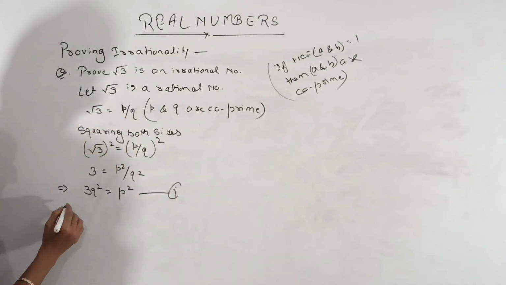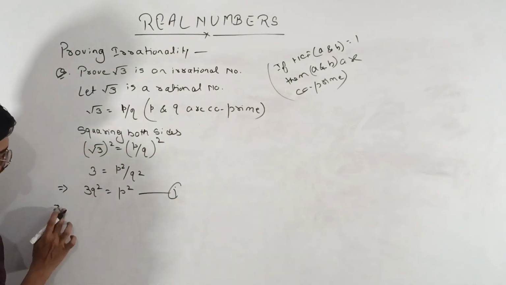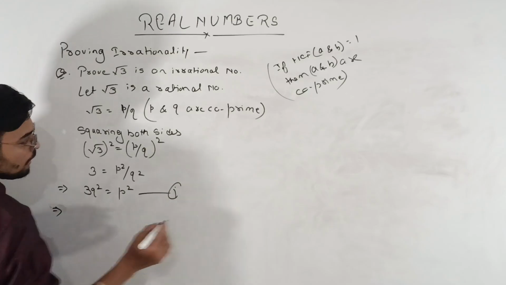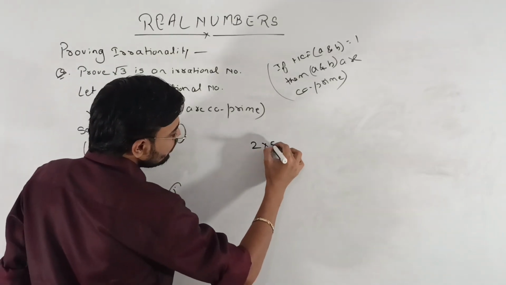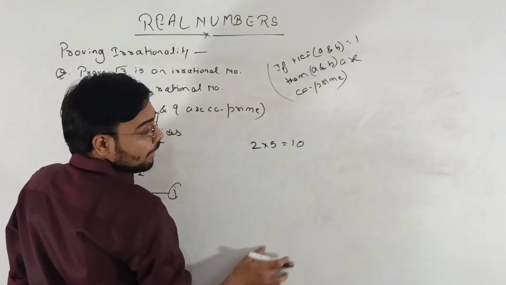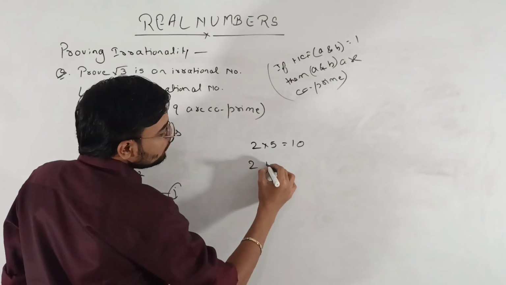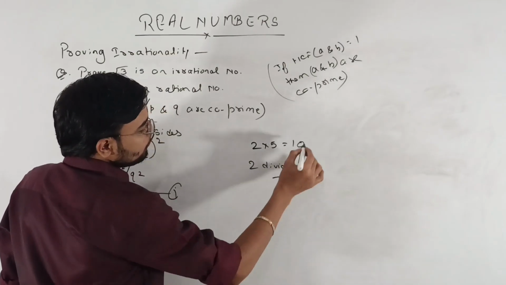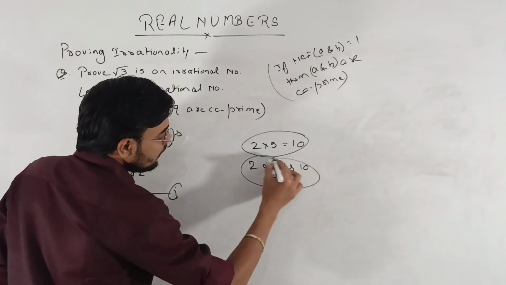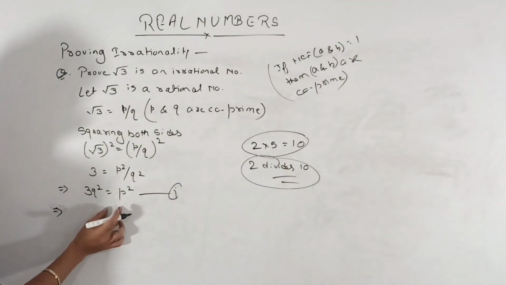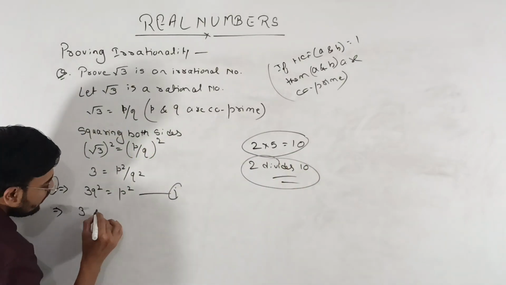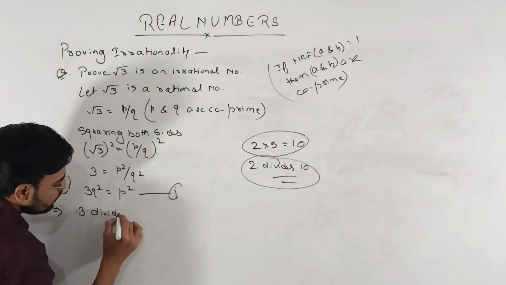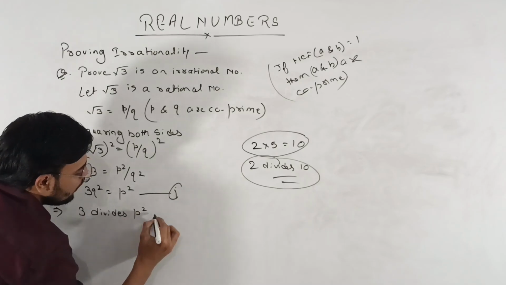Now from here I write, look, if you have 2 into 5 equals 10, then by this you write 2 divides 10. See, 3q squared equals p squared. Then you write 3 divides p squared.